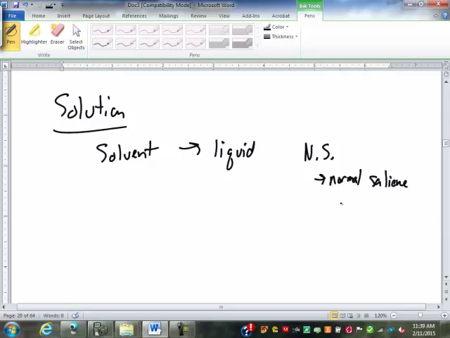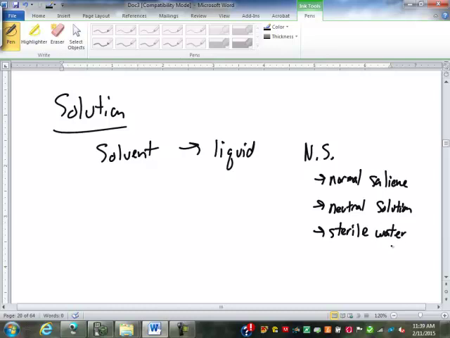Normal saline just means it's water that is pH balanced to match the pH of the human body. NS also can stand for neutral solution, which means it might be a liquid other than water that has no medicinal value to the body at all, or it can just be sterilized water.